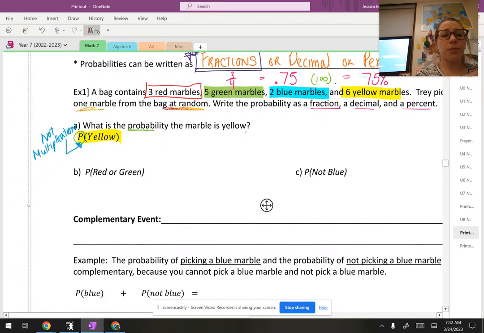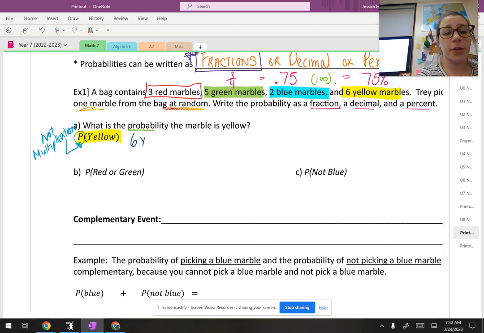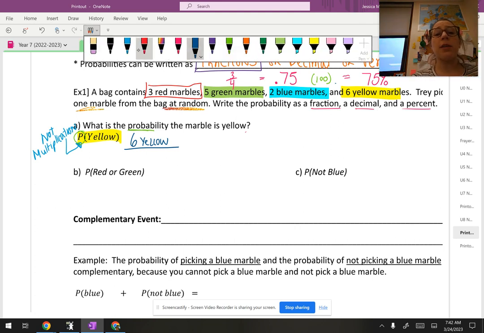Well, there's 6 yellow marbles, so that's definitely important. 6 yellow. Definitely going to be a fraction. And like we said, what we want to happen this time is the yellow over the total possibilities. Well, what are the total possibilities of me picking marbles? What are the total number of marbles? Always great to start with adding.